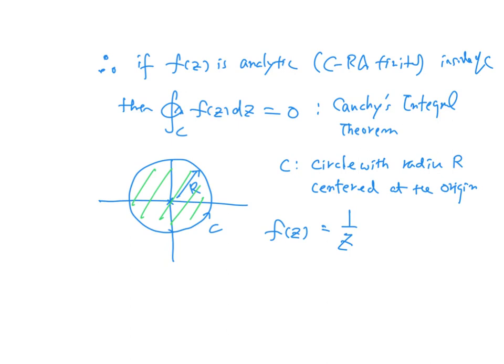Analytic means both satisfy the CR condition and finite. 1 over z satisfies the CR condition, right? But can you say it's finite at the origin? No, right? So this function is not analytic at z equal to 0.